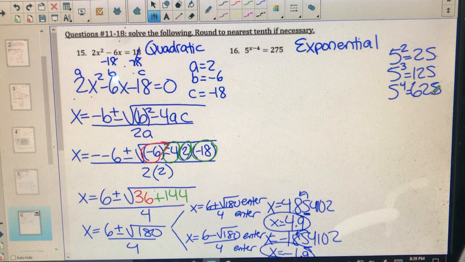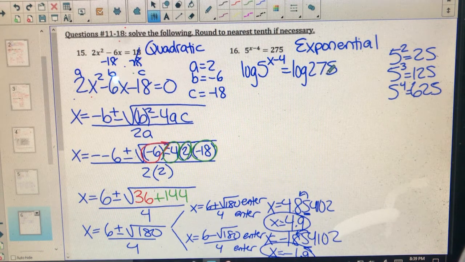There was no power that 5 could be raised to get me 275, so logs are a must for this one. So I start by writing the log in front of both sides. So log of 5 to the x minus 4 is equal to the log of 275. Now the point of me taking the log of both sides was so that that exponent, x minus 4, could move to the front.